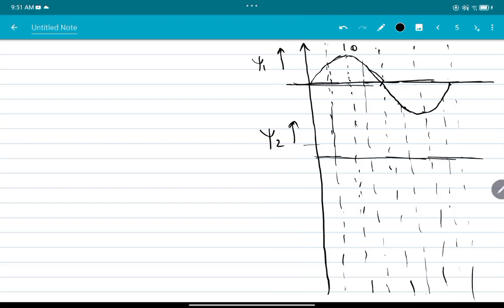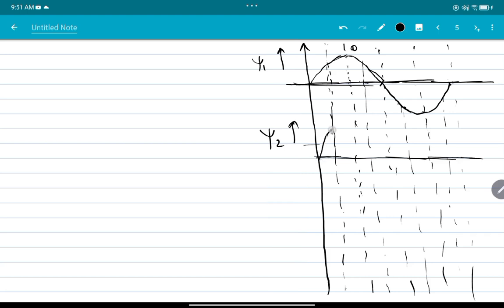Now, the second wave that I am going to show you will have a frequency that is double that of the first wave. That frequency will be double. That means it will go up.